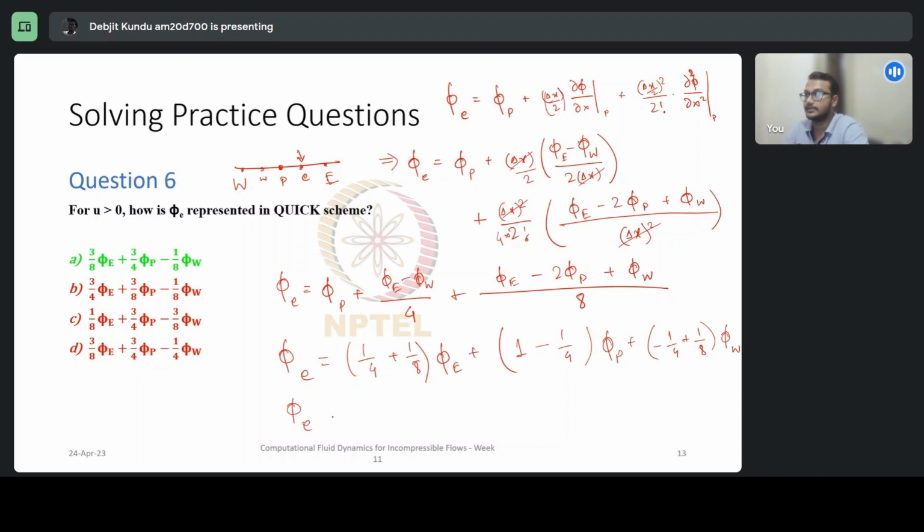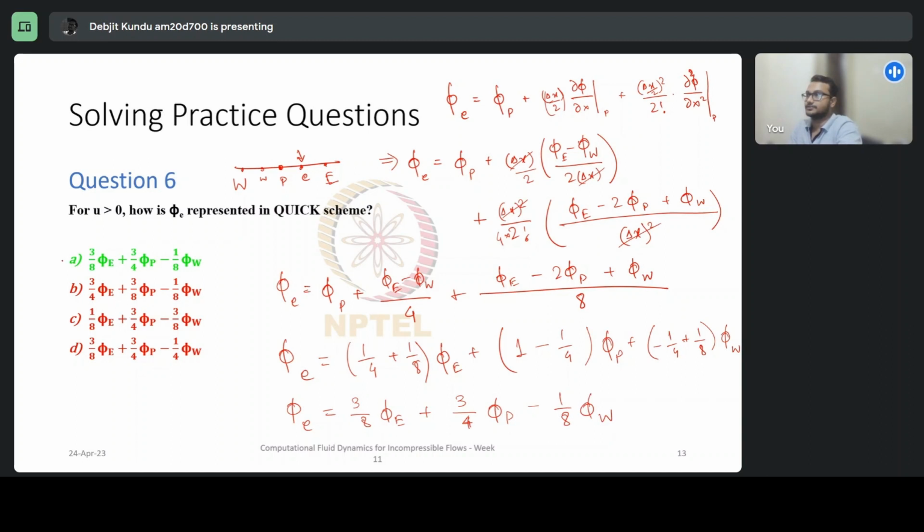So finally, I can write this down as, so 1/4 plus 1/8 is basically 3/8 into phi e plus 1 minus 1/4 is 3/4 of phi p, and minus 1 by 8 of phi w.